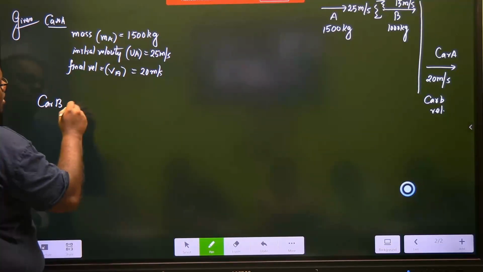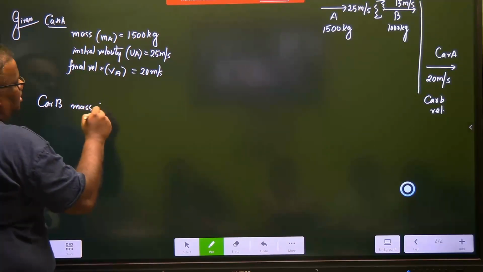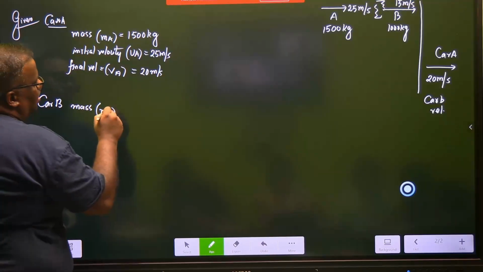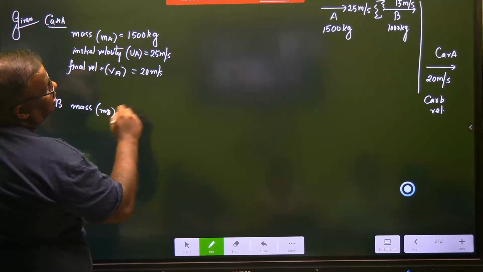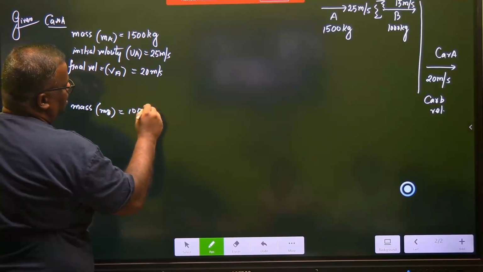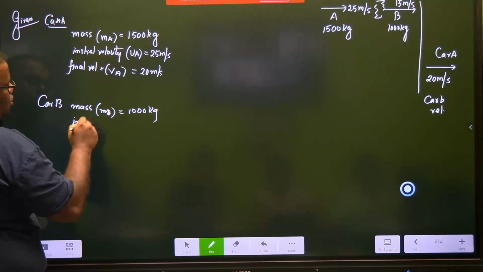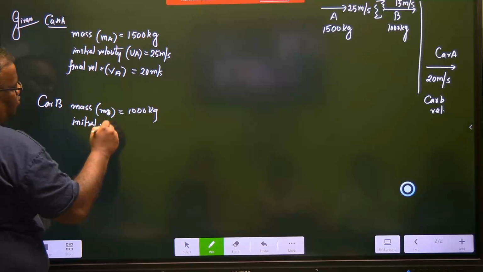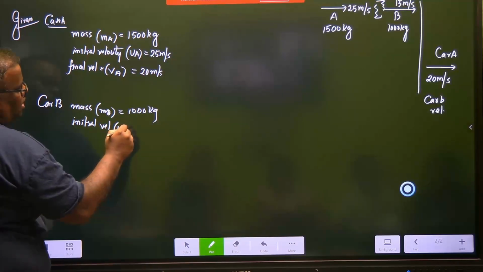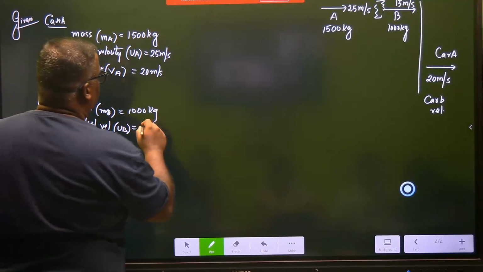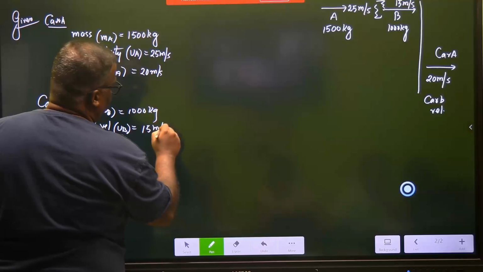Car B, mass MB, which is equal to 1000 kg. Then initial velocity UB is 15 meters per second.